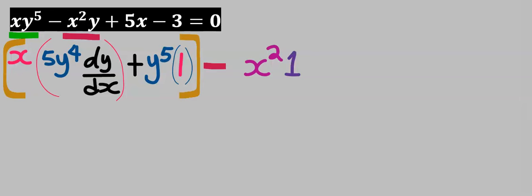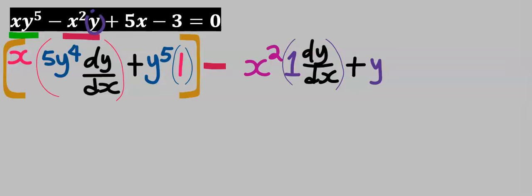However, whenever you differentiate y, you're going to multiply it with dy dx according to the rule of implicit differentiation. Next, according to product rule, we are going to put a plus. Next, we are going to keep y constant, this y, and we are going to differentiate x squared. When you differentiate x squared, you're going to get 2x.